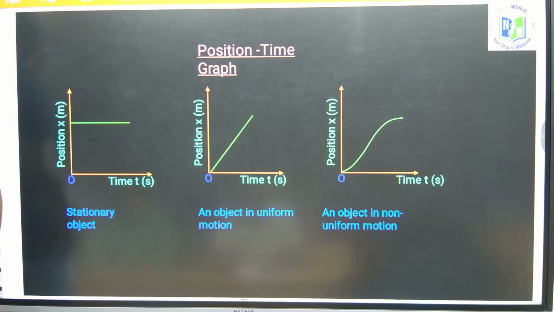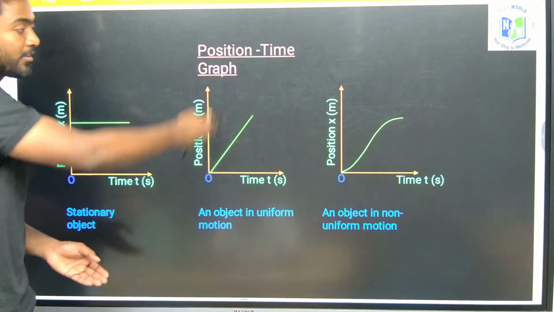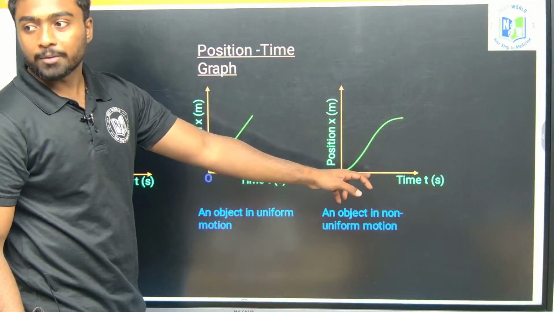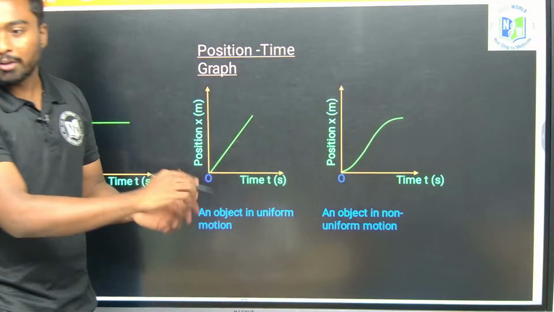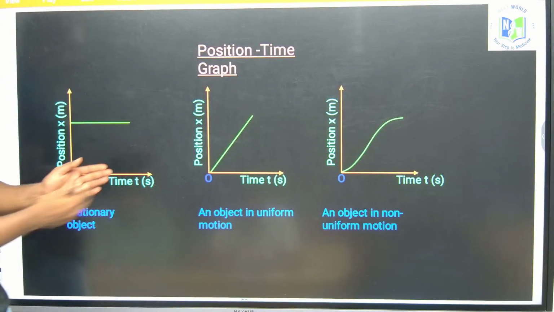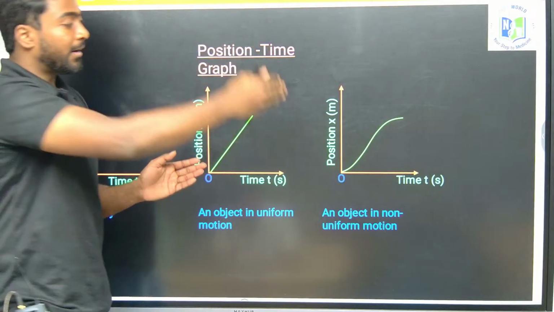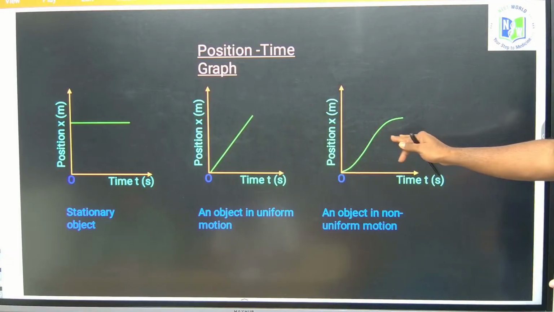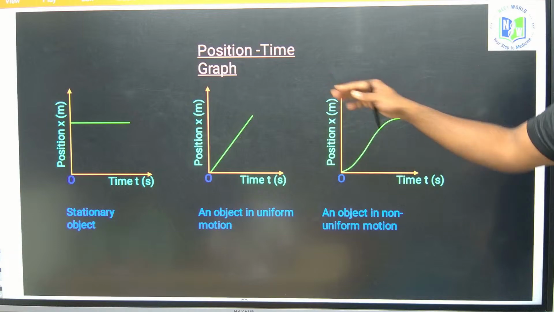Here an object is in uniform motion, uniformly increasing, but here the object is in non-uniform motion. If I take a point here and a point here, it will be different. Here it has been increasing uniformly, but here it is the non-uniform case. There are 3 diagrams: stationary, uniform, and non-uniform for the position and time graph.